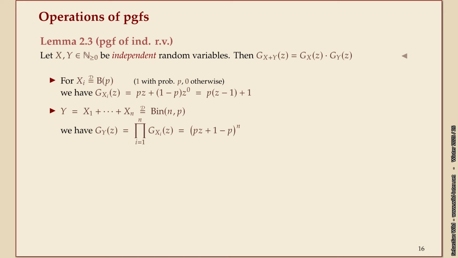Let's do a quick example here as well. This one I also find very useful to memorize stuff. Say you have Bernoulli random variables, so just coin flips with a bias, so they come up with probability p to be 1 and 0 otherwise. Then the probability generating function of this simple coin flip is very easy: p times z for the one case and 1 minus p for the other case. Now, standard binomial distributed variables are the sum of n of these things, and that means independent Bernoulli trials, I should stress.